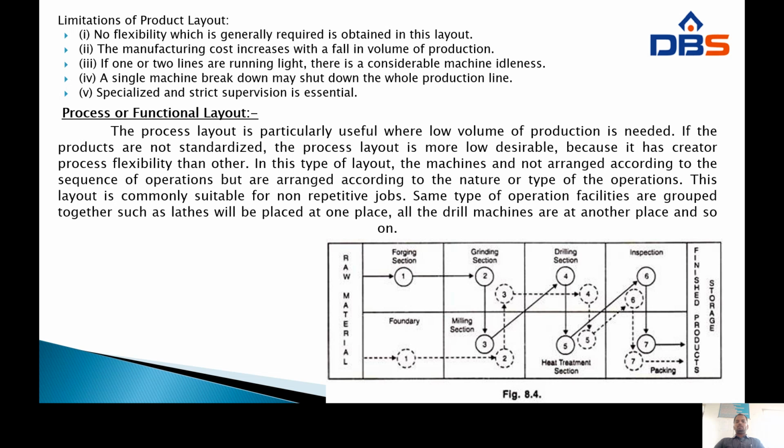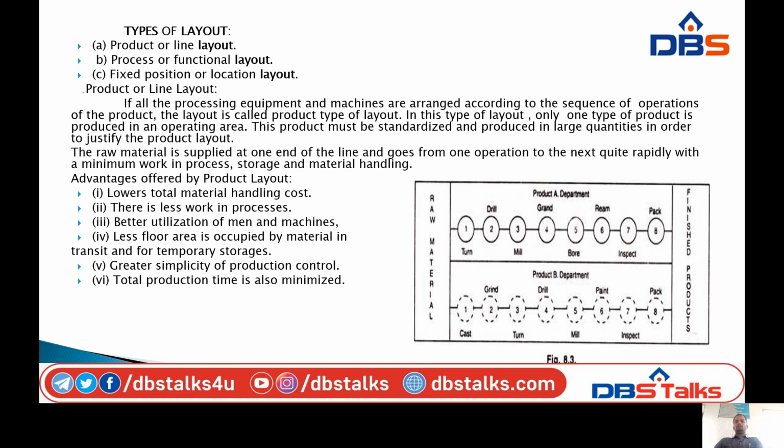Suppose you replace or reverse the machinery, it can't be set. If you see the diagram, it shows the order of the machinery, all forming a line. So the product layout is also known as a line layout.